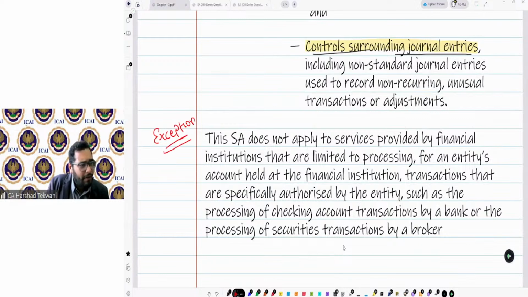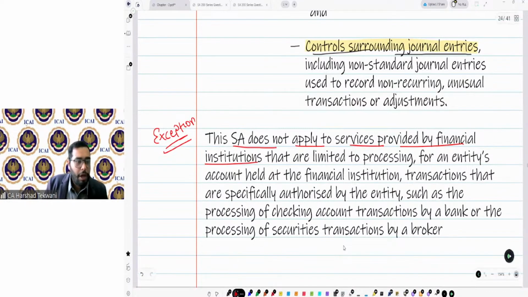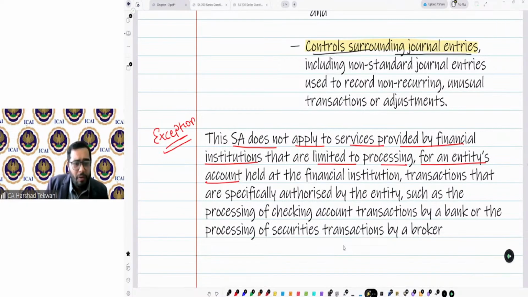It is an exception, where the standard does not apply to services provided by financial institutions when they are limited to the processing for an entity's account. So if they are limited to the entity's account, then yes, it will not be classified as a service organization.